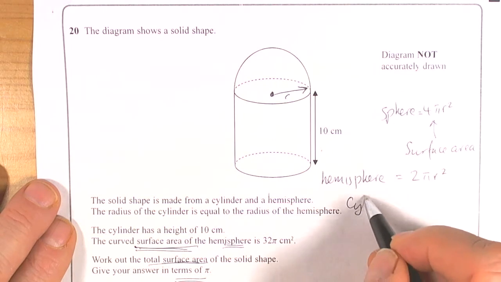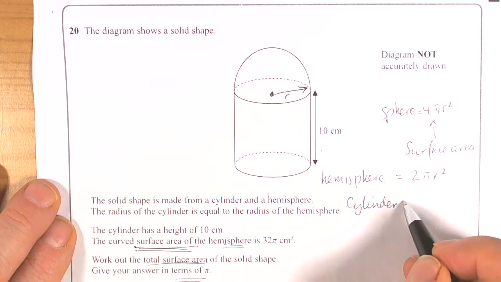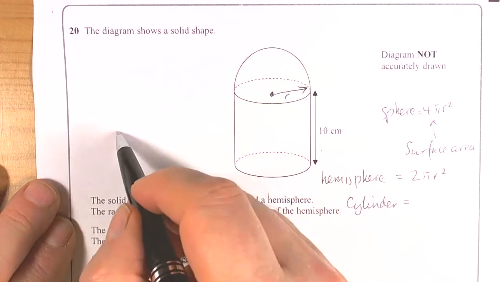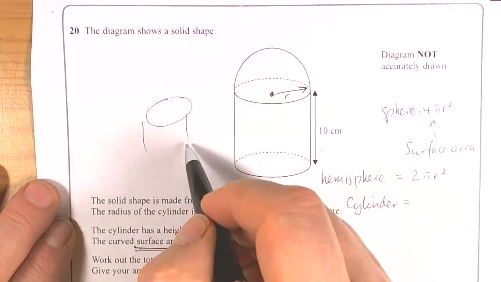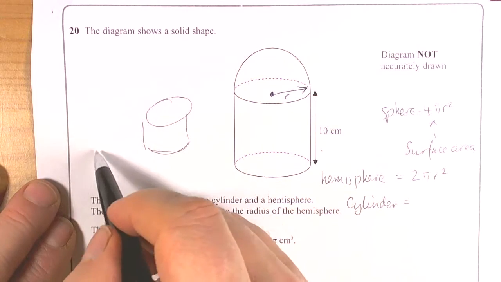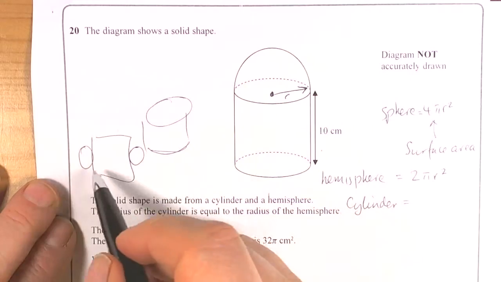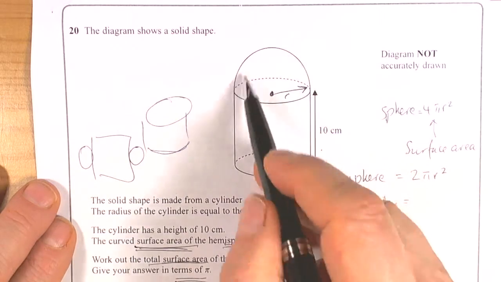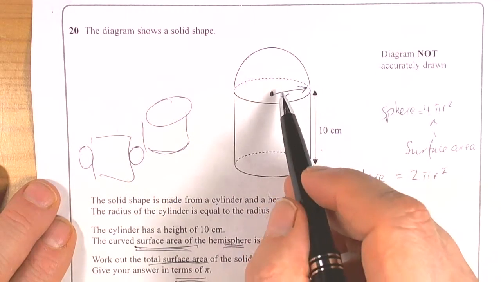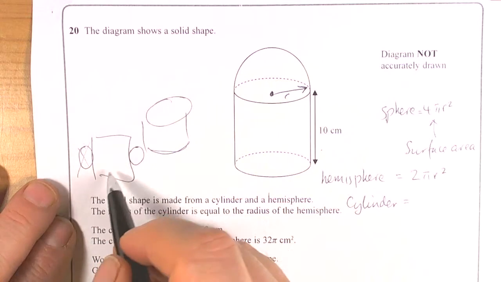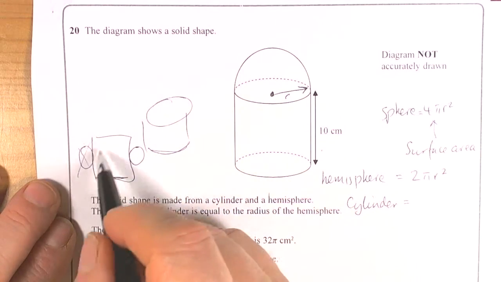And then for a cylinder, because it wants the total surface area, we've got to remember the net of a cylinder. If you imagine the net of the cylinder is like that, we won't need the top circle because that's part of the hemisphere, and so we can ignore that bit. But basically the surface area then is going to be this rectangle.